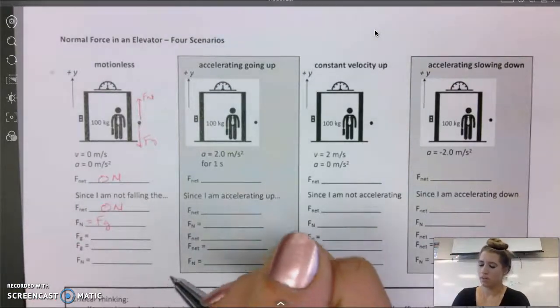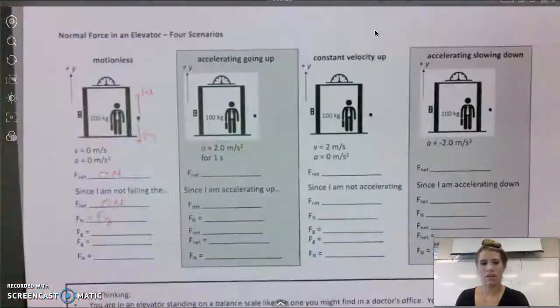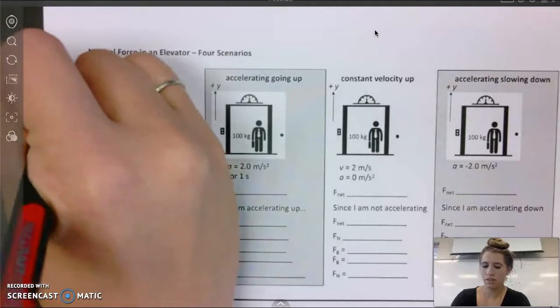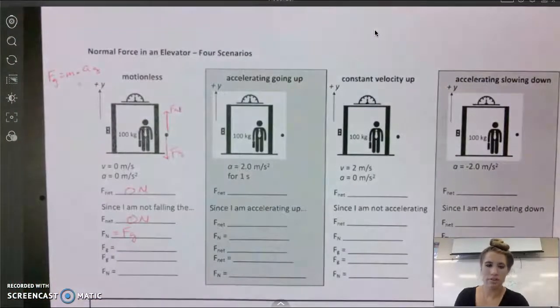Okay, and then force due to gravity. This is an equation that simply says the force due to gravity is going to equal the mass of the object multiplied by the acceleration due to gravity.